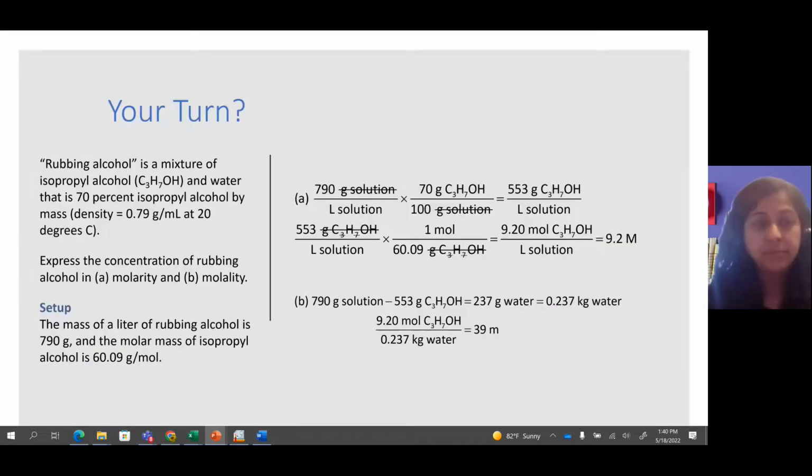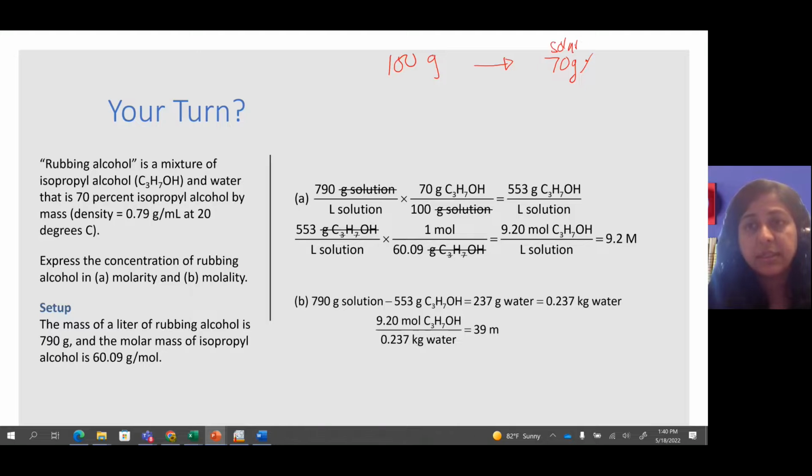The next question: rubbing alcohol is a mixture of isopropyl alcohol and water that is 70%. What does 70% mean? Yes, if the solution weighs 100 grams, then the solute weighs only 70 grams.